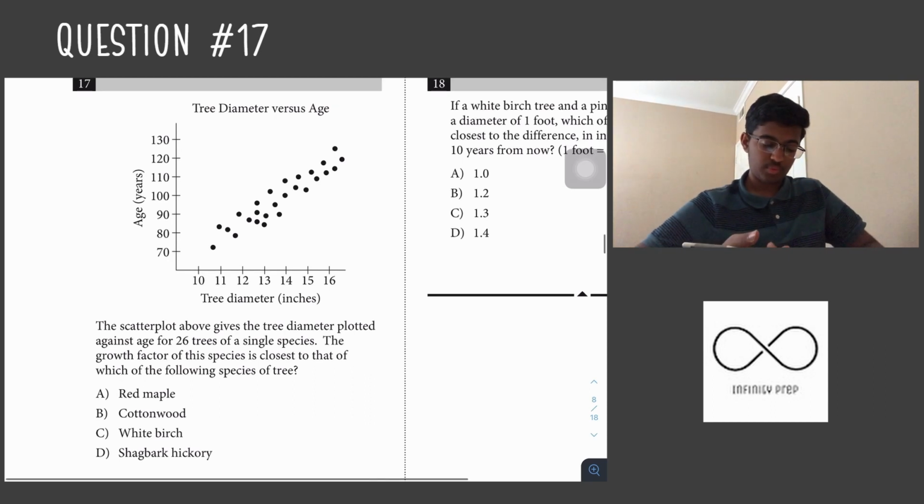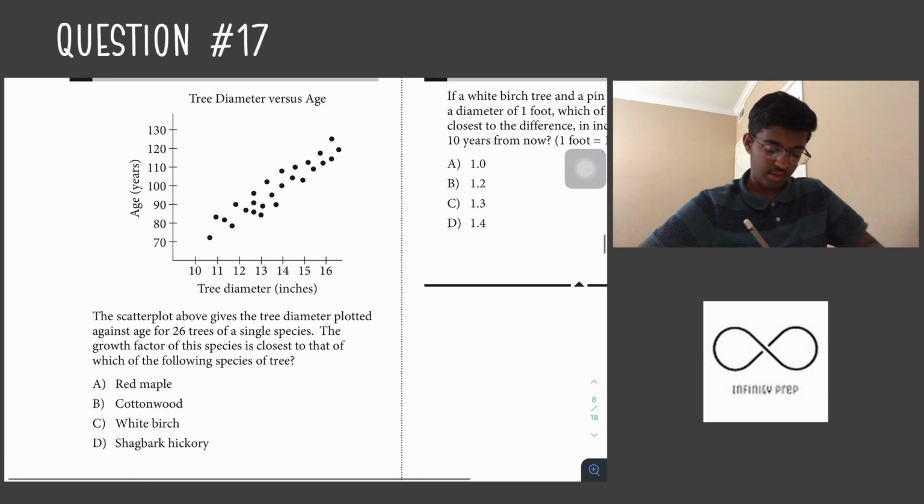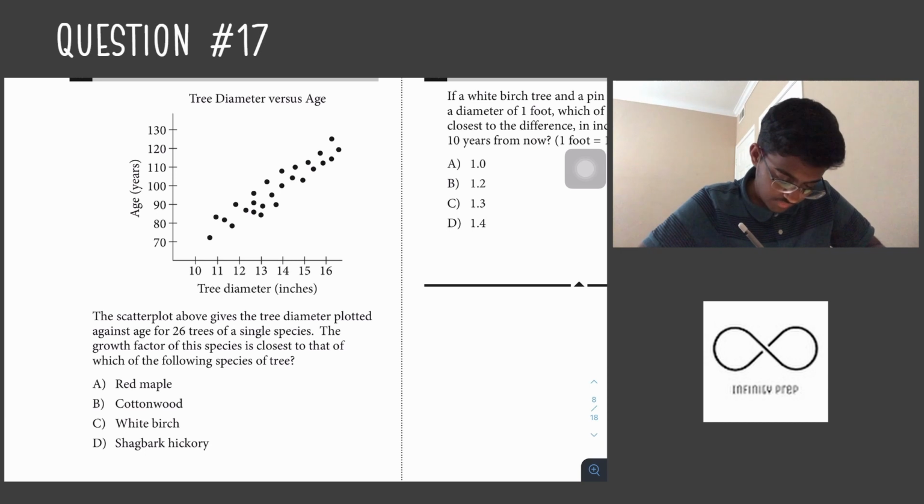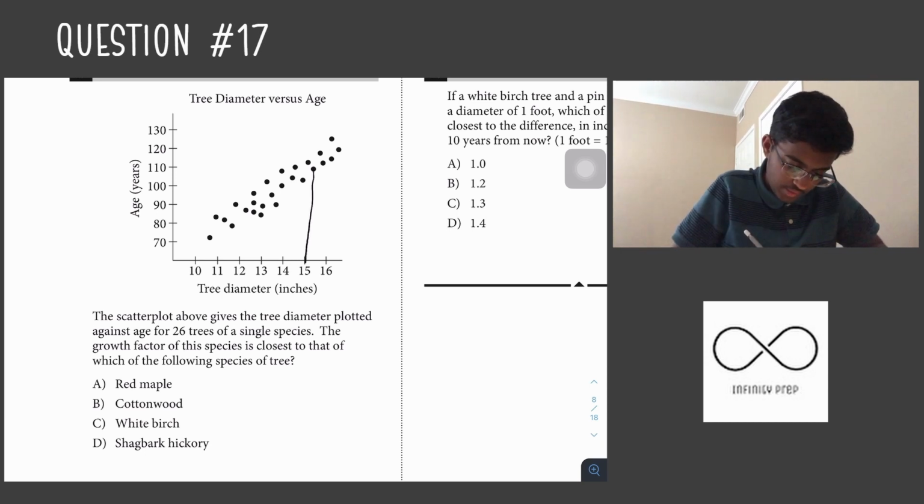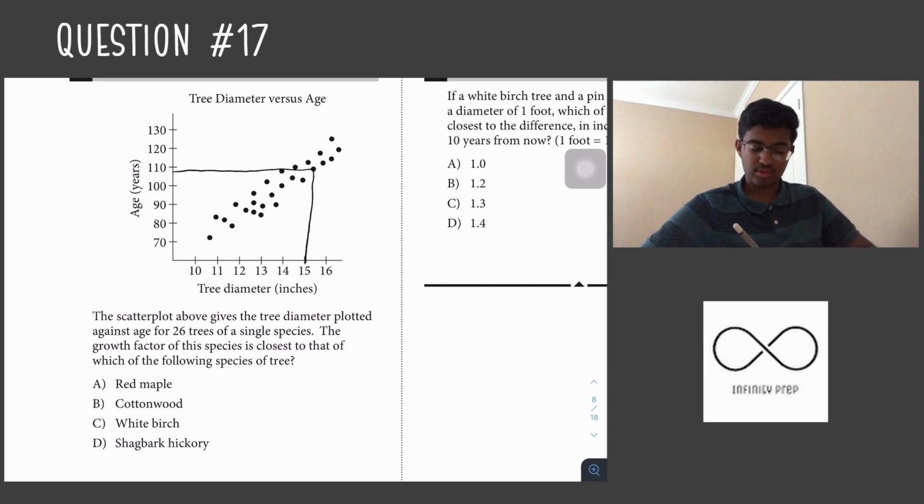So we can do this by selecting a point here and finding the approximate growth factor for that. So let's find that point right there, which would have a diameter of 15 inches and an age of around 108 years.